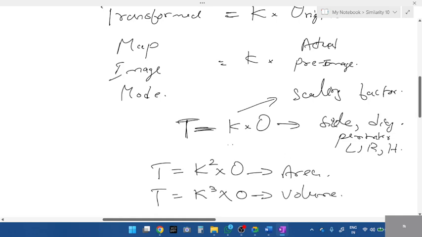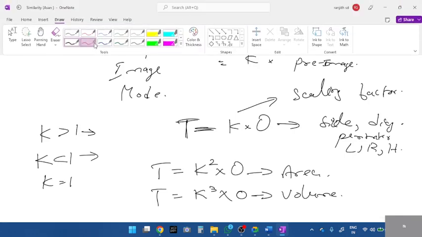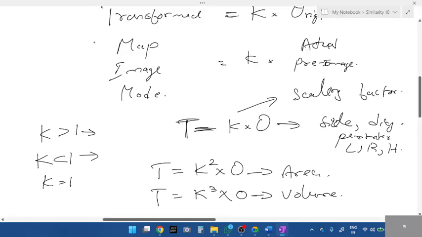Basically, these are the three things. Along with this, you should also remember K greater than 1. Okay. When do we use K greater than 1, students? For enlargement or reduction? Respond. When the transformed image is enlarged or reduced? If it is more than 1, enlarged.